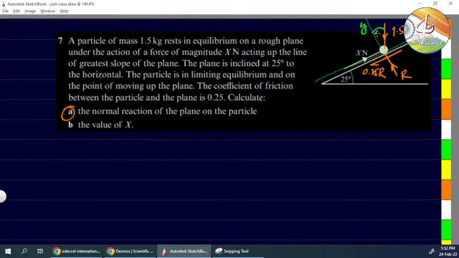That angle will be 25 degrees now. So now take all the forces one by one. Sigma y first. The upward force is R, and the downward force is how much? 1.5 g into sine or cos?